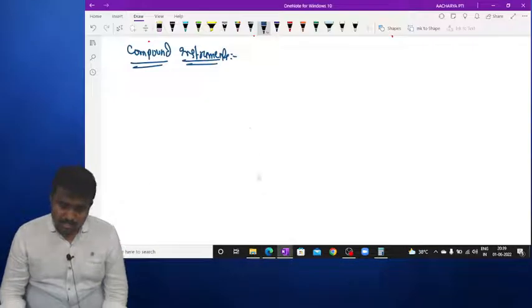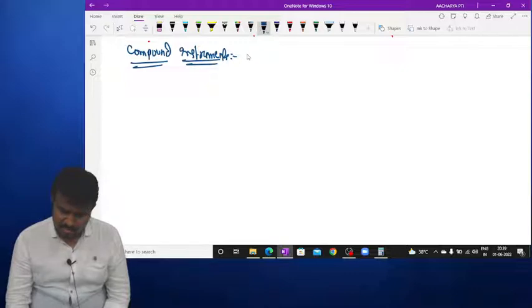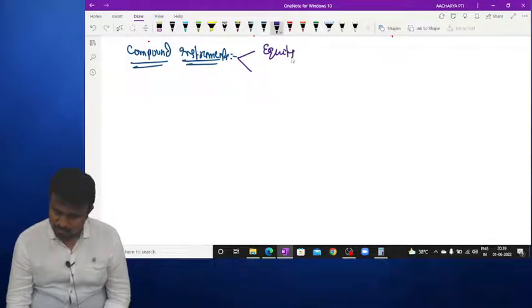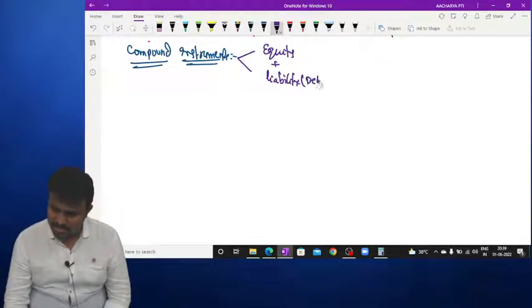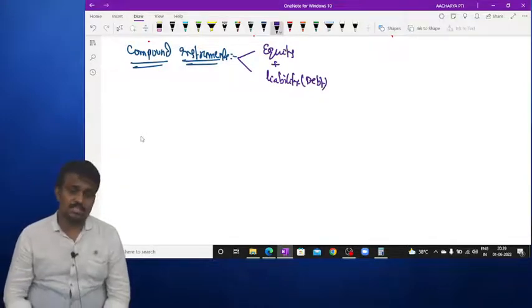So a compound instrument is the instrument which has both features of equity and liability. Some part of the instrument represents debt component and some part represents equity.